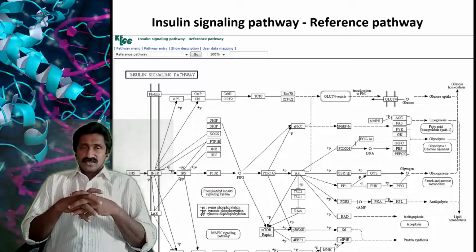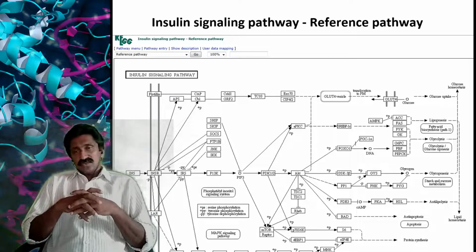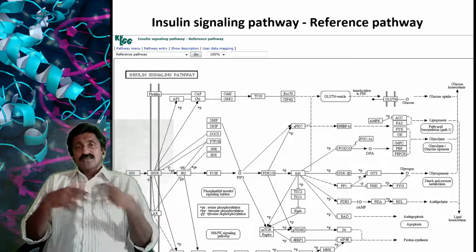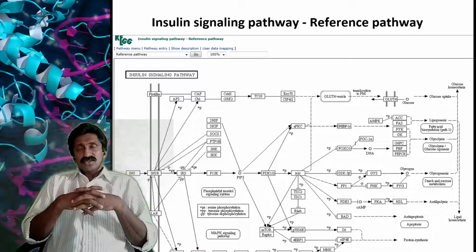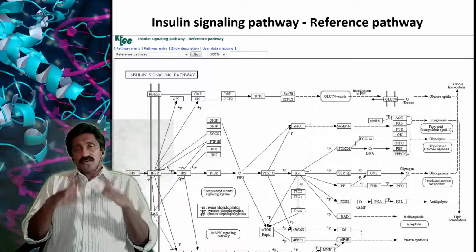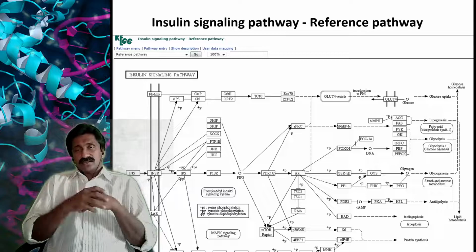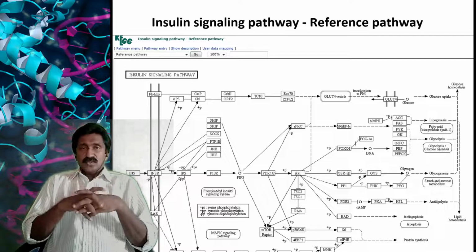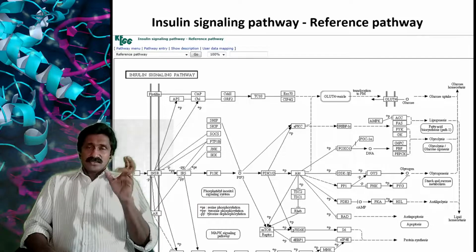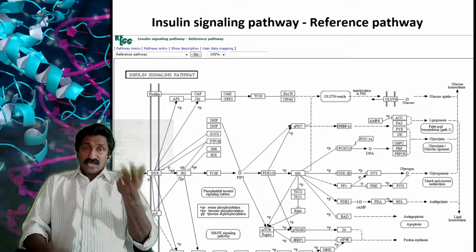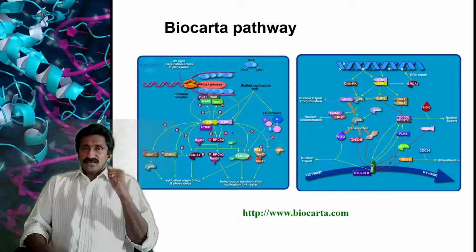Usually when you are trying to find some research gaps, or you are trying to interpret something based on some insulin pathway, such an overall idea about the interacting metabolites and other items will be very useful. That is available in such metabolic reference pathways, which can all be retrieved from the KEGG interface.